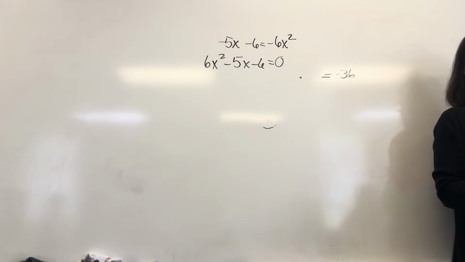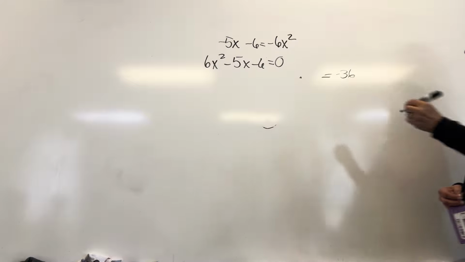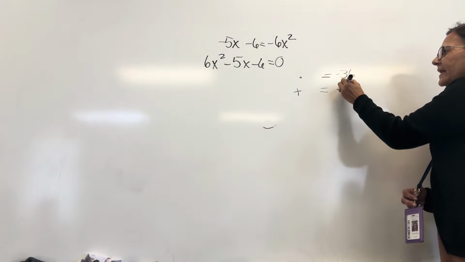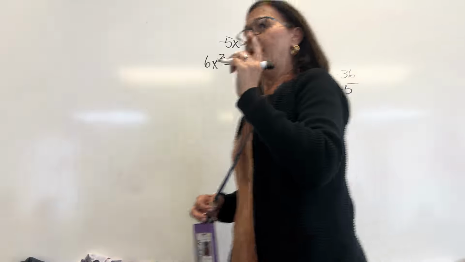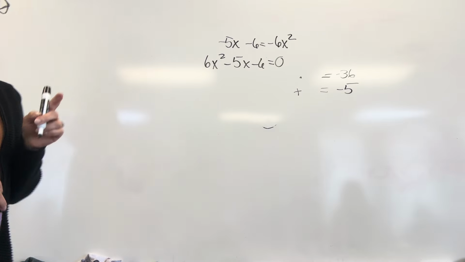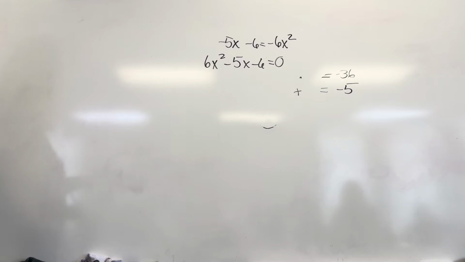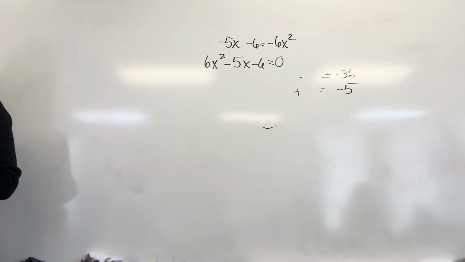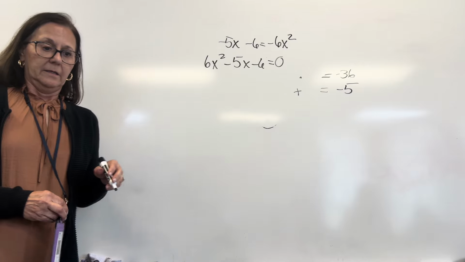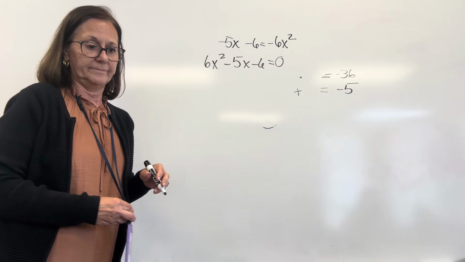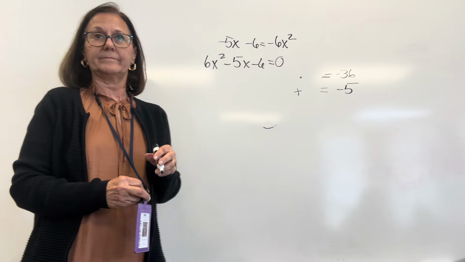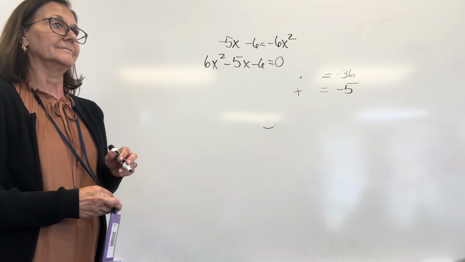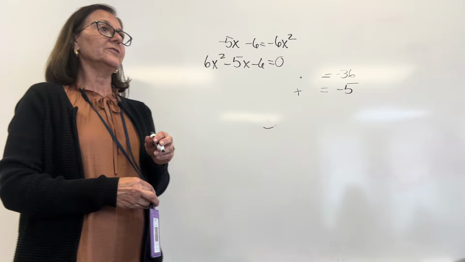Factors of negative 36 such that I add them, the result is negative 5. Everybody think. Multiplied equals negative 36. Added equals negative 5. Do y'all have the factors?